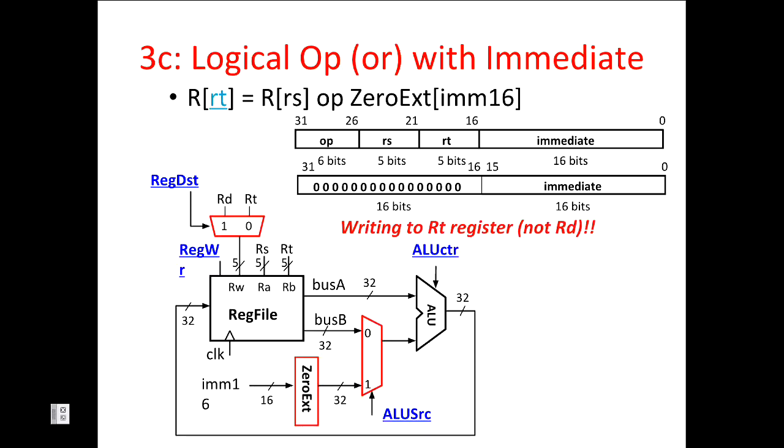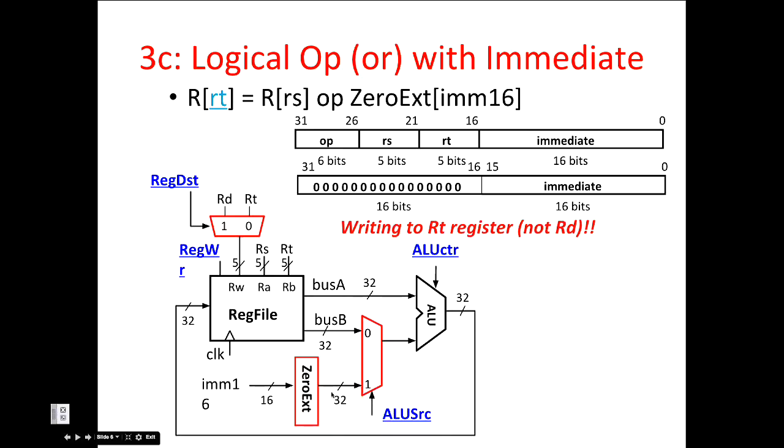So we'll take that 16-bit immediate, and we know from how ORI is specified that that immediate needs to be 0 extended. So once we 0 extend that immediate through this box, we're going to put it into this mux, and now we're going to have to introduce a control signal that lets us choose between the register value on bus B and this 0 extended immediate value right down here.